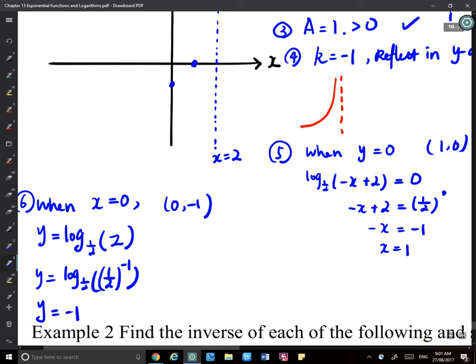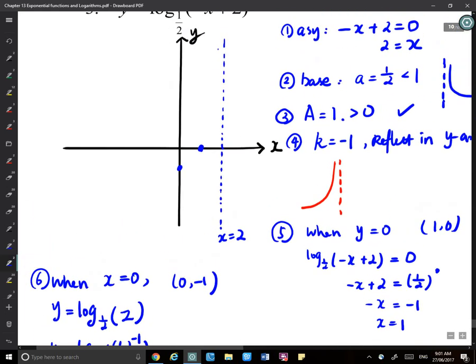Is here. And the shape of the graph, okay, the shape is like that, this red one. That's the shape of the graph. The asymptote is here. We have (0, -1) and (1, 0).